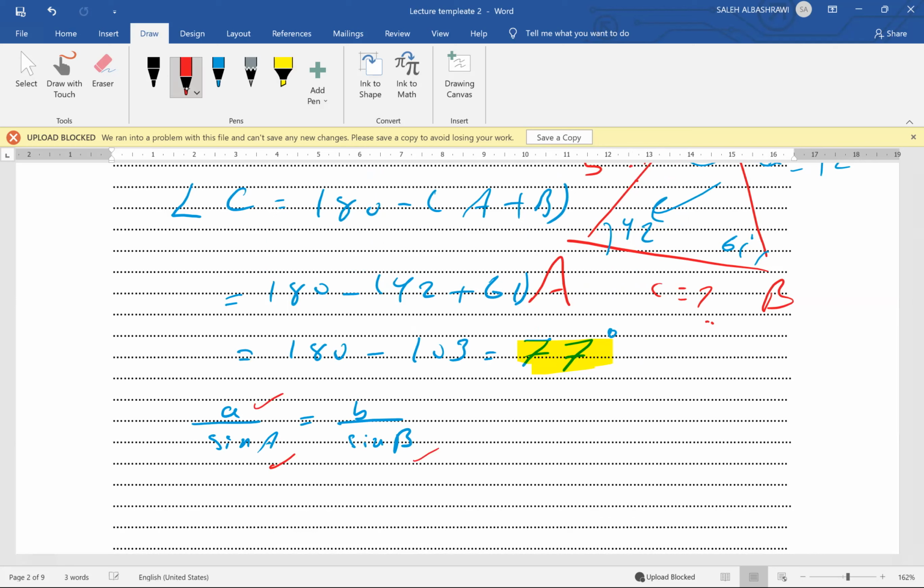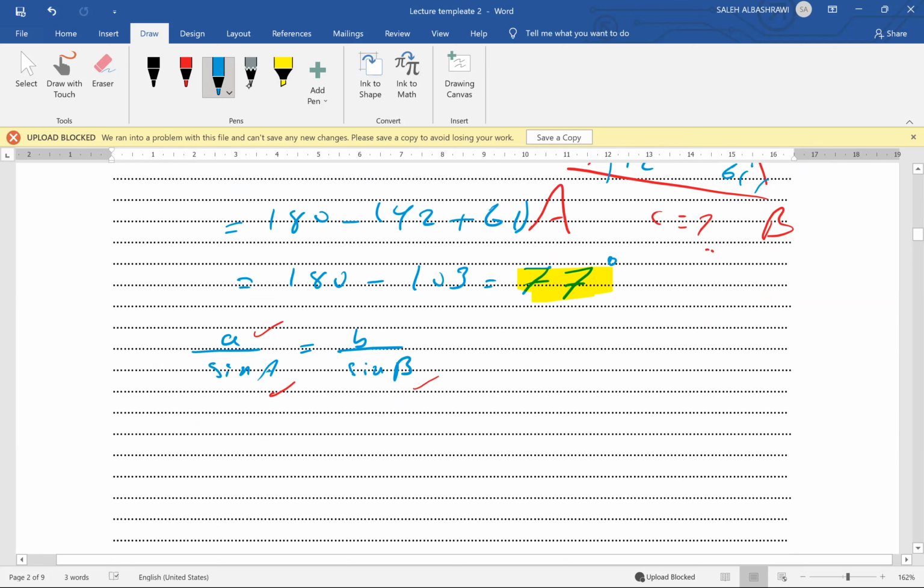So we can find b. This can be done by cross multiplication, and I will have from this one, b equal to cross multiplication divided by sine A.